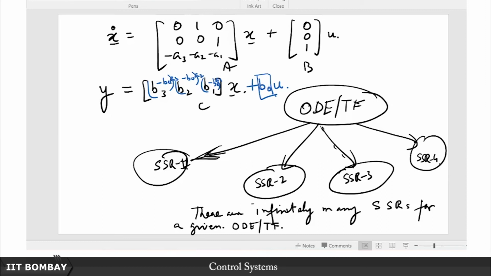Of course, y triple dot is captured by this row times x plus u.